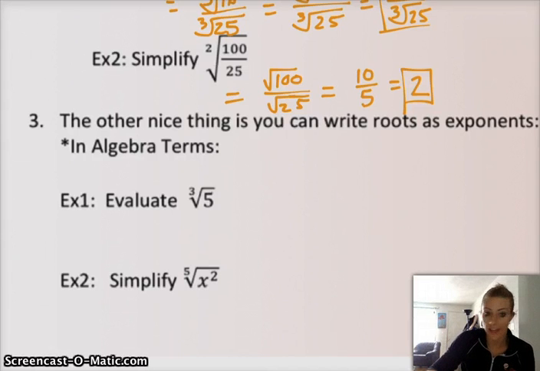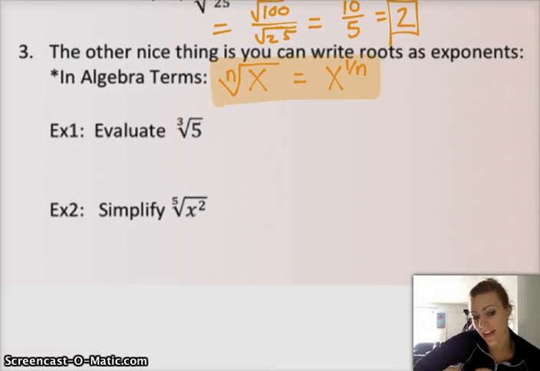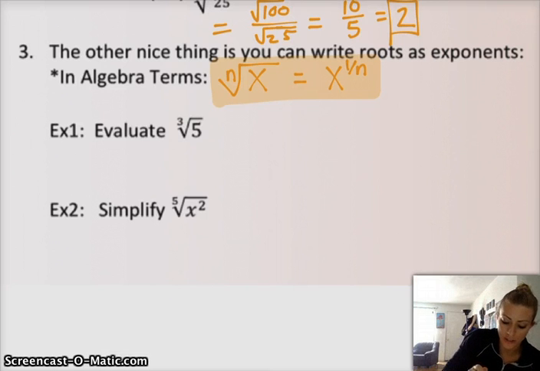So the nth root of something is equal to that something raised to the 1 over n power. What's really nice about this rule is that if you need to simplify it in your calculator and you don't have a cube root in your calculator or a fifth root in your calculator, you can just plug it in as an exponent. So the cube root of 5 is the same thing as 5 to the 1 over 3.